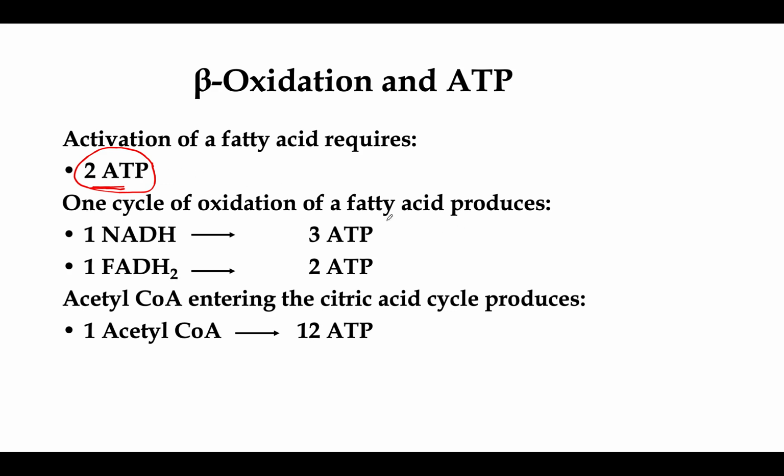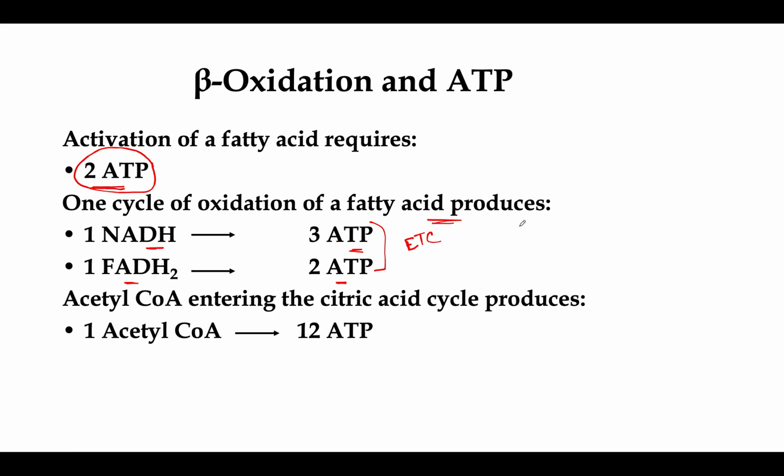One cycle of oxidation of fatty acid produces 1 NADH and 1 FADH2 molecule; 1 NADH gives 3 ATP and 1 FADH2 gives 2 ATP from the electron transport chain. So this is what you should use all the time for calculation of ATP in the exam.